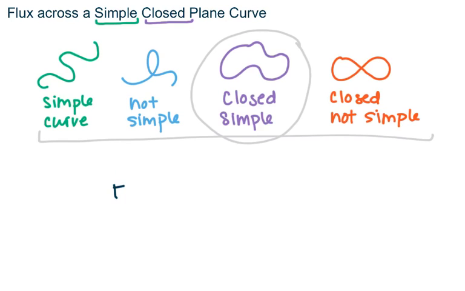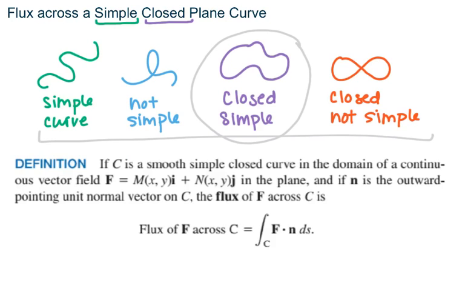Now, for the flux across some curve C, we're going to be calculating the line integral, but the definition is a little bit different than what we have seen in this lecture series before.